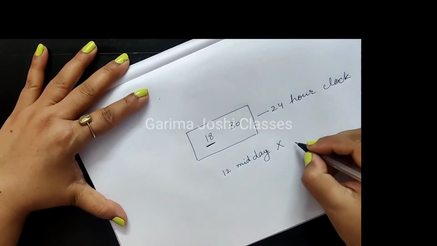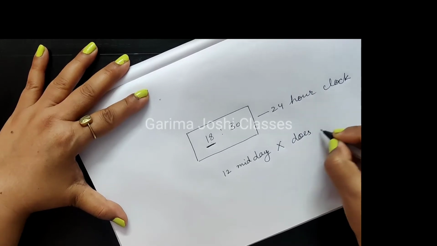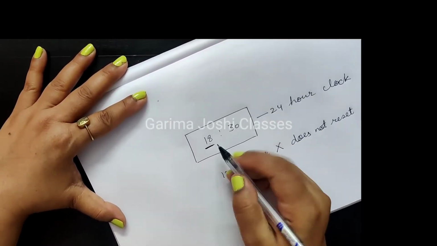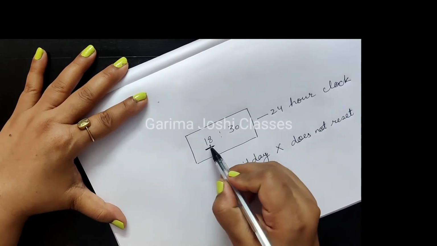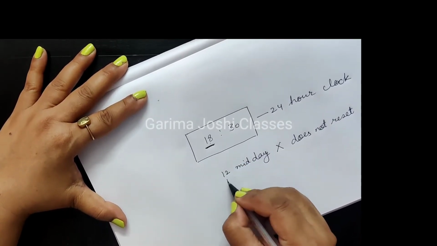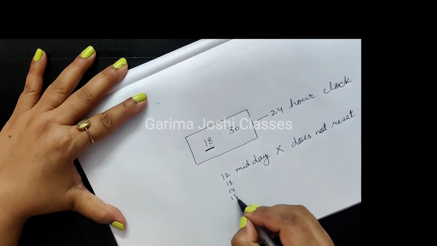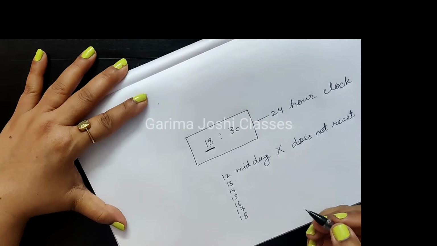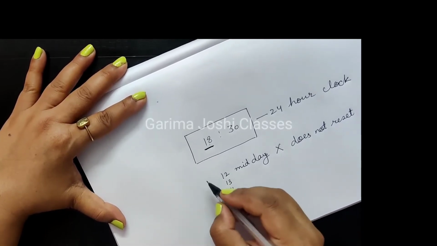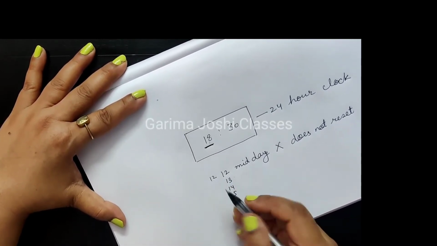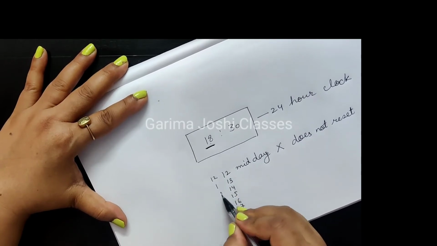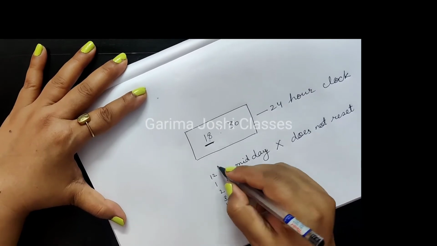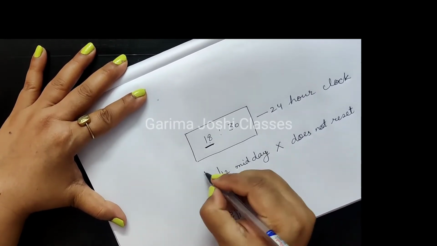It does not reset. That is why it is more than 12. That means it is coming to 13, 14, 15, 16, 17 and 18. After 12 it is 1, 2, 3, 4, 5 and 6 in 12-hour clock.